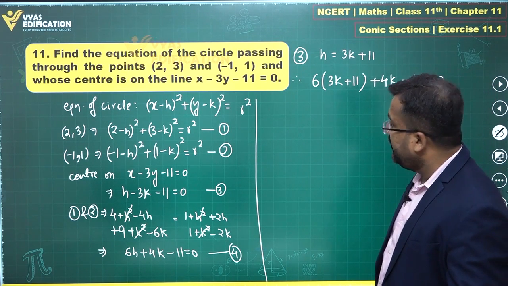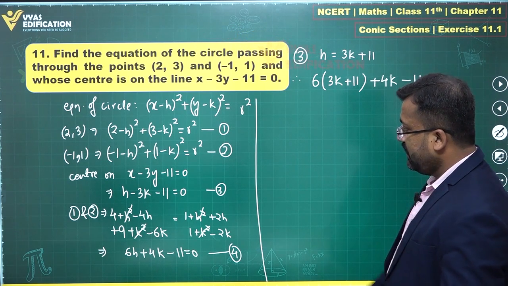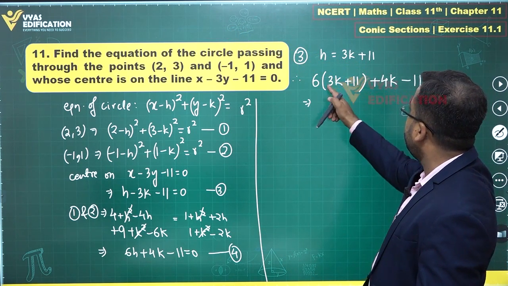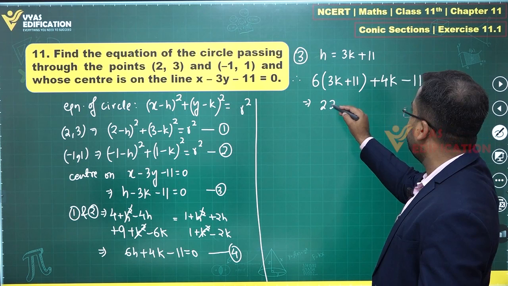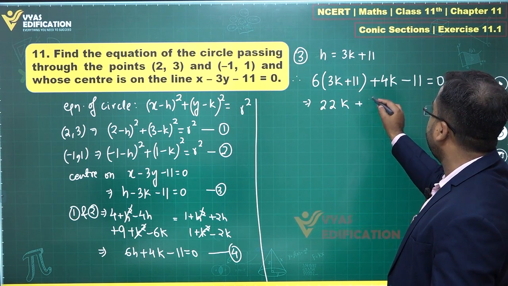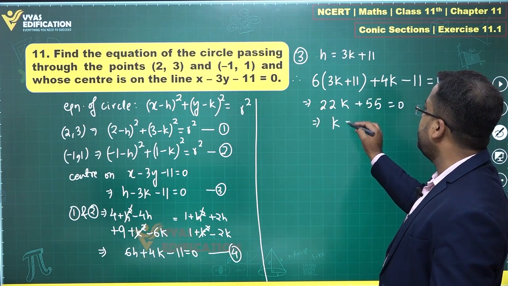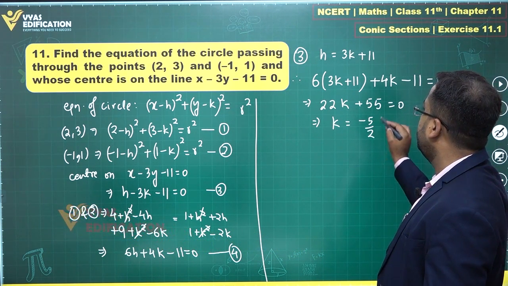This is what we have, right? So this implies 6 times, this becomes 18k plus 4k, which is 22k, and 6 times 11 is 66 minus 11, which is plus 55 equals 0, and that tells me that k will be equal to minus 5 upon 2.